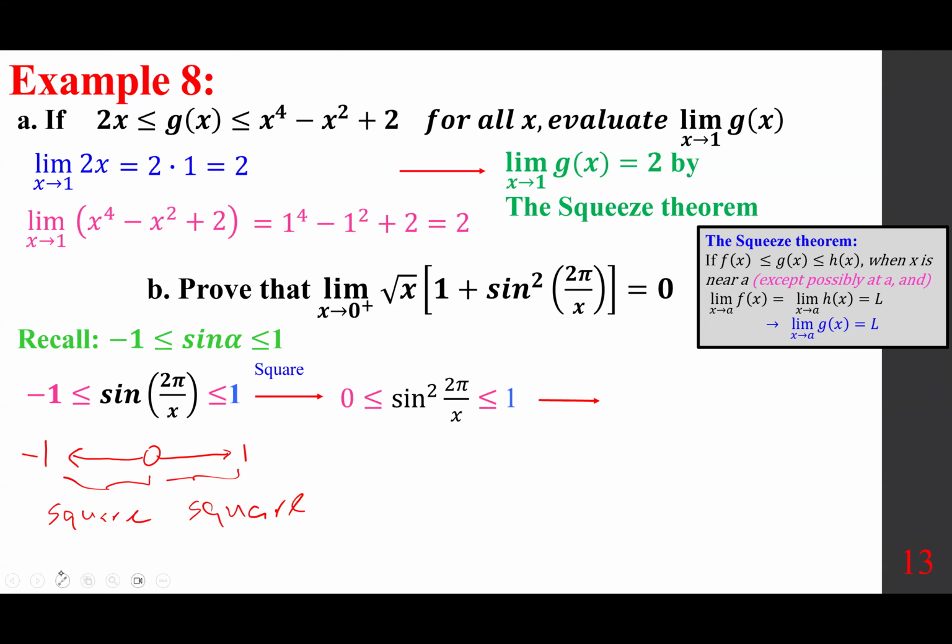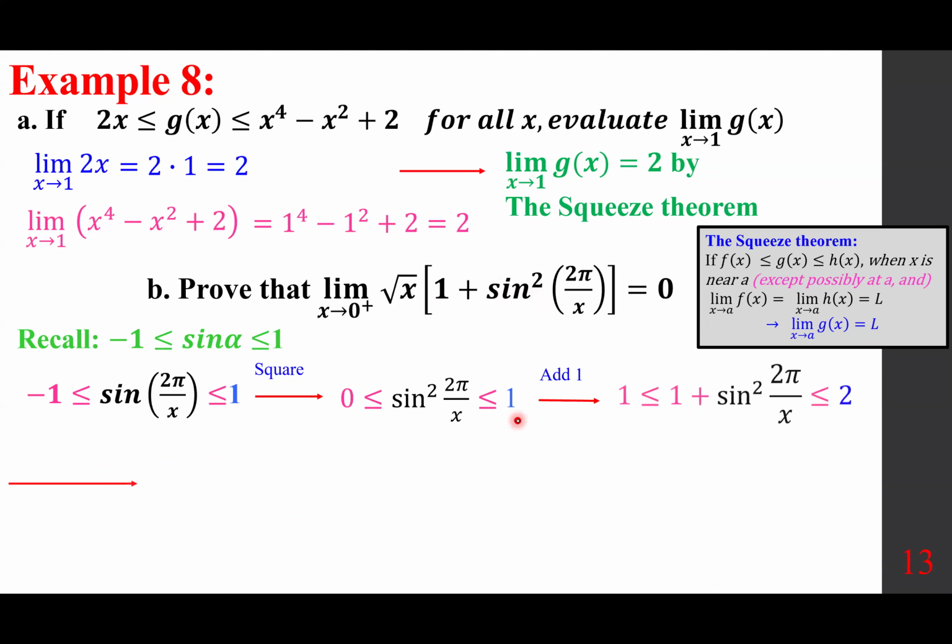I'm going to erase my work. So having said that, we want it to look like that. What is missing? We need to add 1. So let's add 1. This becomes 1. This becomes what we have here. This becomes 2. Okay, so far so good. What else? We're going to multiply by square root of x. And when we multiply by square root of x, you're dealing with an inequality, and it doesn't change because x is approaching 0 from the right and square root of x is positive.